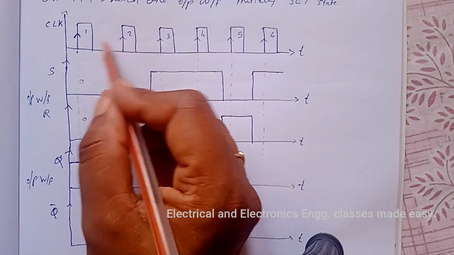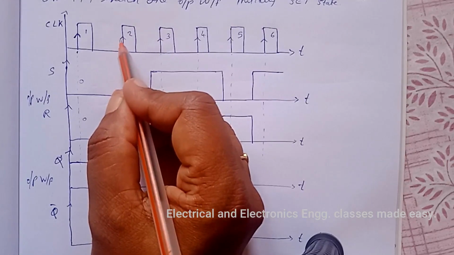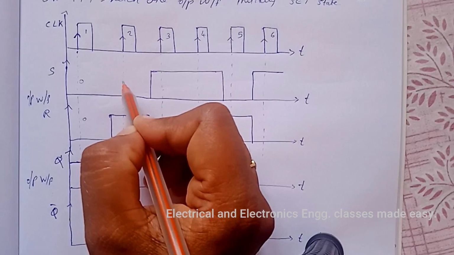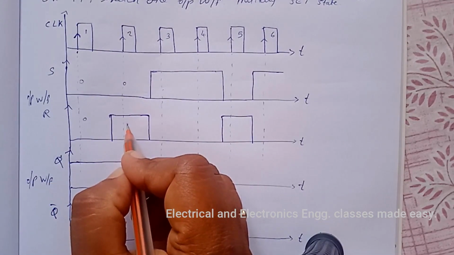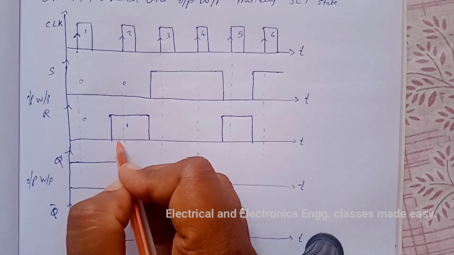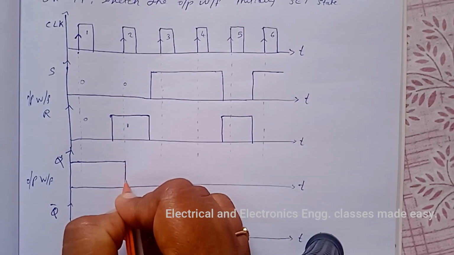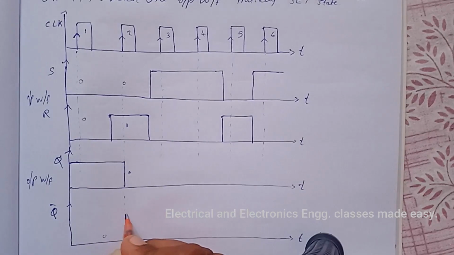So the next clock pulse is this one. At the positive edge, S is 0 and R is 1. That means Q will become 0. That is, it will become 0 here and Q bar is high at this point, that is 1.